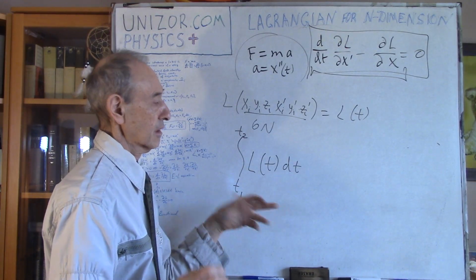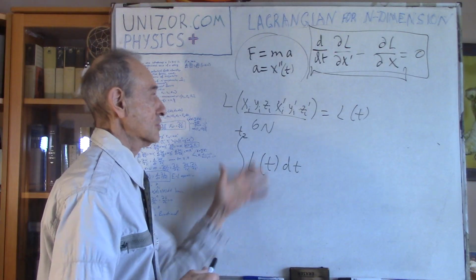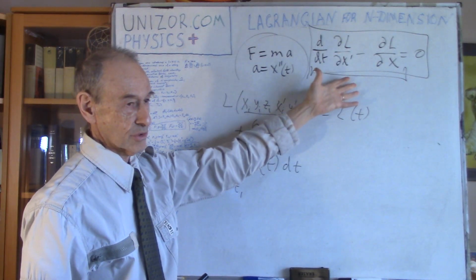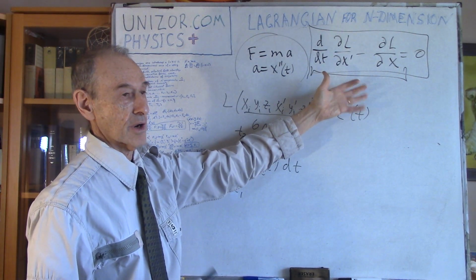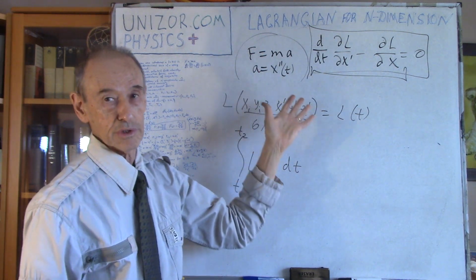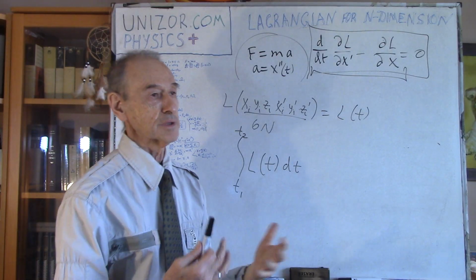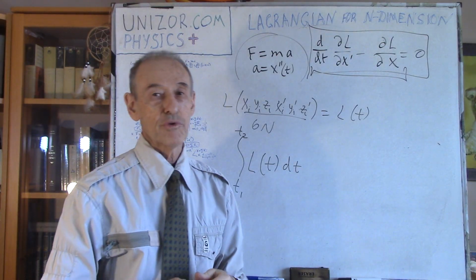Minimization of this integral gives you the trajectory, because minimization means solution to this Euler-Lagrange equation, and the Euler-Lagrange equation is equivalent to Newtonian mechanics. It just seems to be a little bit more universal, if you wish.